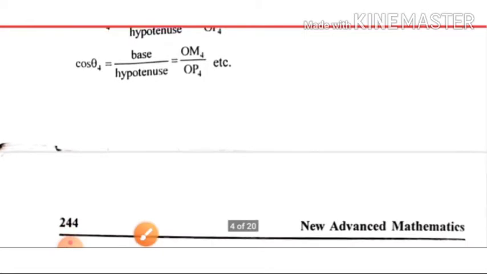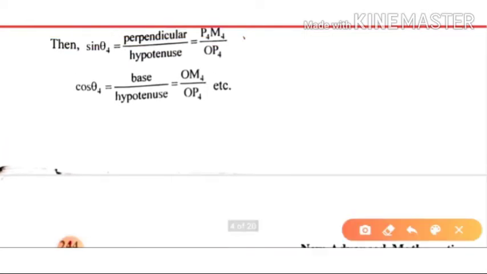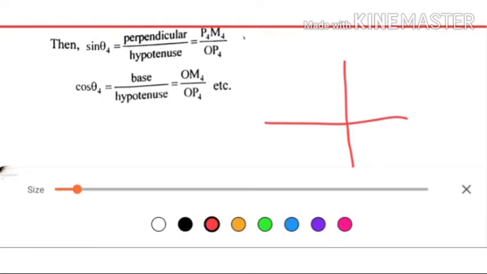Now we were restricted to only the first quadrant, or probably we have learned till the second quadrant. Mostly we have dealt with the first quadrant.